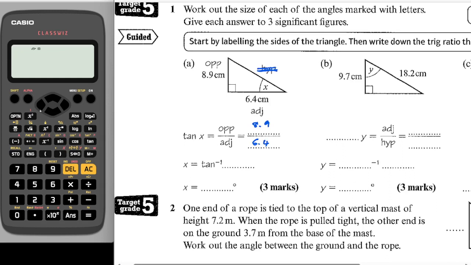So I tend to jump straight to my calculator at this point, and I would go shift tan because I want the inverse, and then I would type it in as a fraction as it appears. So 8.9 over 6.4. I know in theory that's not a fraction because we've got decimals within it, but our calculator will handle that.